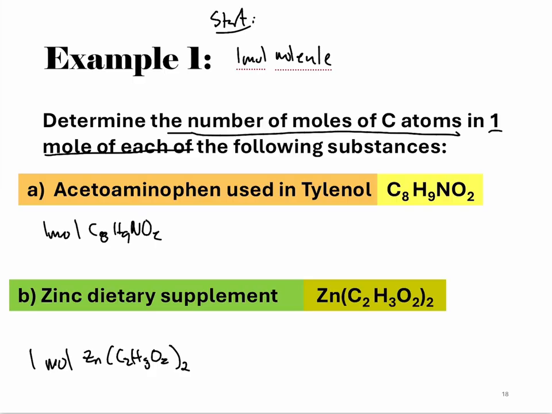So we just need to find the conversion that goes between moles of the molecule and moles of the carbon atoms. Moles of the molecule to moles of the carbon atom. We want to end with moles carbon.